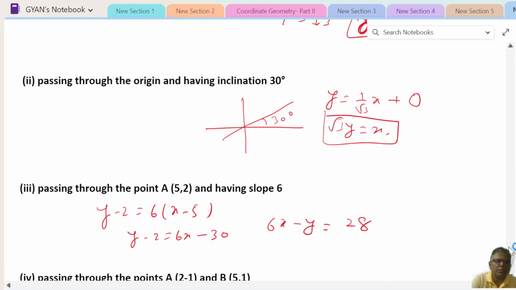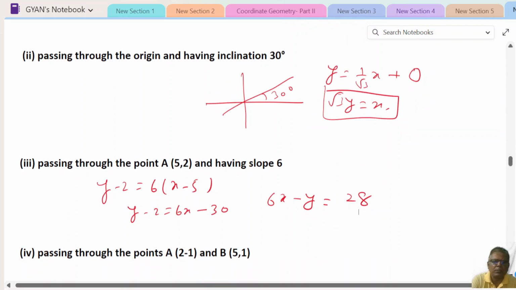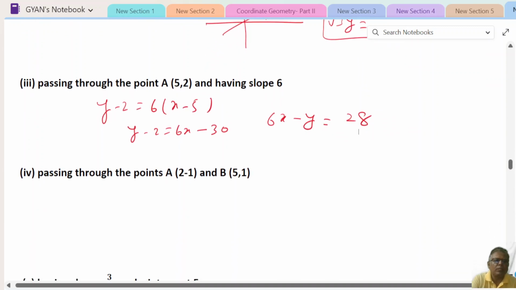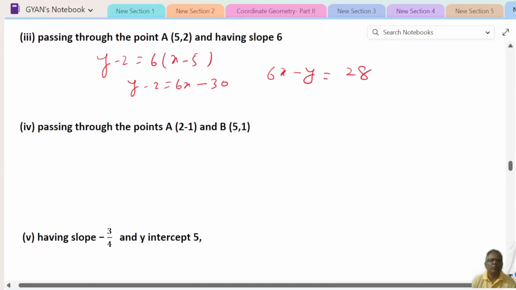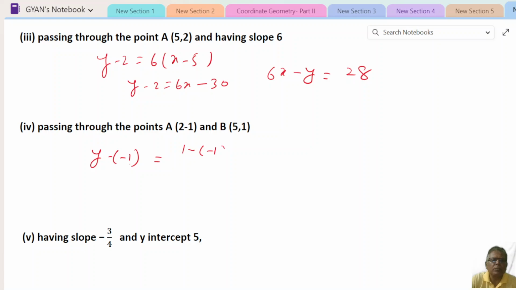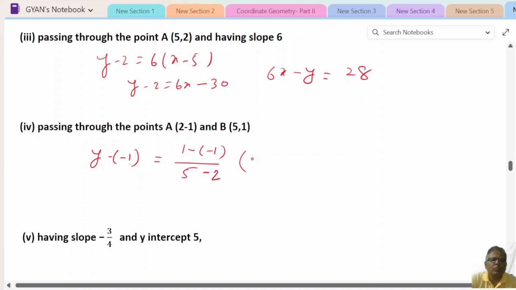Now come to the next question. Passing through the points 2, minus 1 and 5, 1. So take this formula: y minus of minus 1 is equal to the slope, 1 minus of minus 1 over 5 minus 2, into x minus 2.